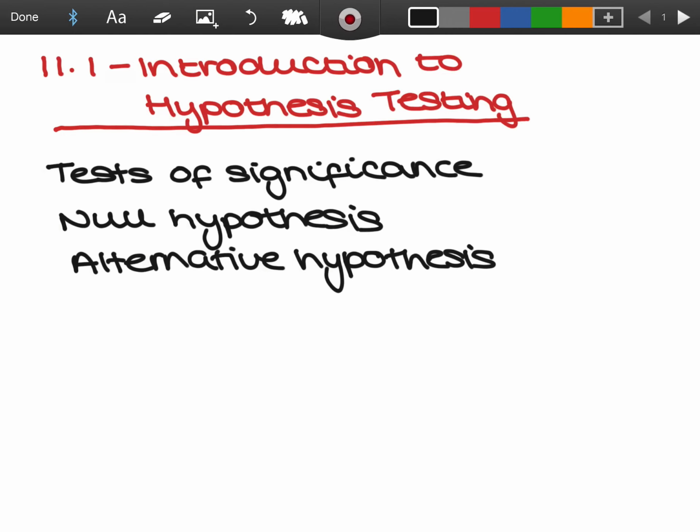Just as a quick piece of notation, the null hypothesis is always denoted by H with a subscript of 0. The alternative hypothesis, depending on which book you read, can be written in different ways. It's normally written as either H with a subscript of A or H with a subscript of 1.